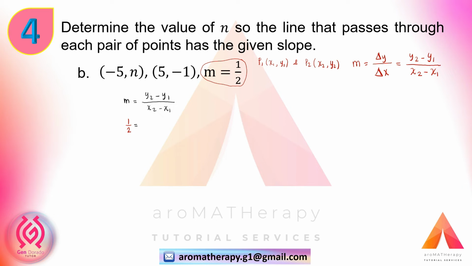So, 1/2 is equal to... okay. So now let's again denote values for p sub 1 and p sub 2. Here we let p sub 1 be equal to (5, negative 1), and p sub 2 be equal to (negative 5, n).